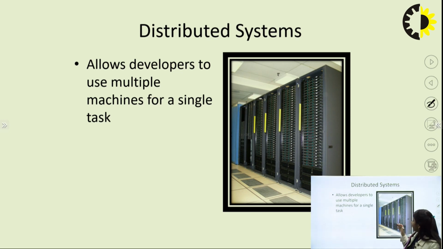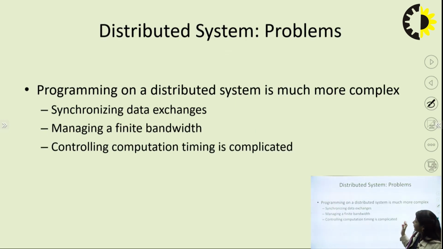So distributed systems, we all know, allow the developer to use multiple machines for a single task. And the problem in distributed systems is that programming on a distributed system is complex, as synchronizing data exchanges is a problem, and managing a finite bandwidth. So it will be very complex, because data is distributed over the servers, and how can we synchronize the events?